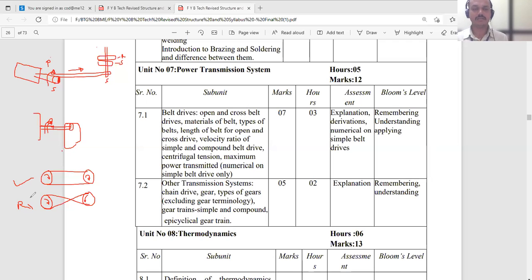Then the second point, 7.2, other transmission systems. This is the mainly used transmission system, then the other transmission systems. In that, the first one is the chain drive. The chain drive is the same type of drive, but instead of pulleys, we have to use sprockets.